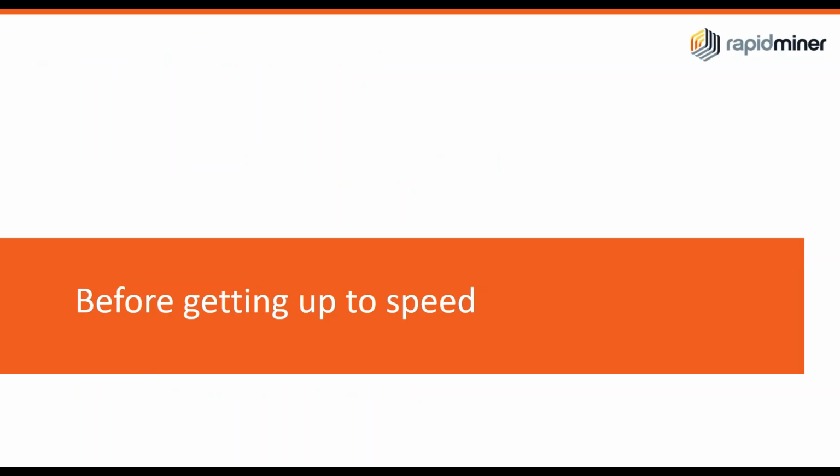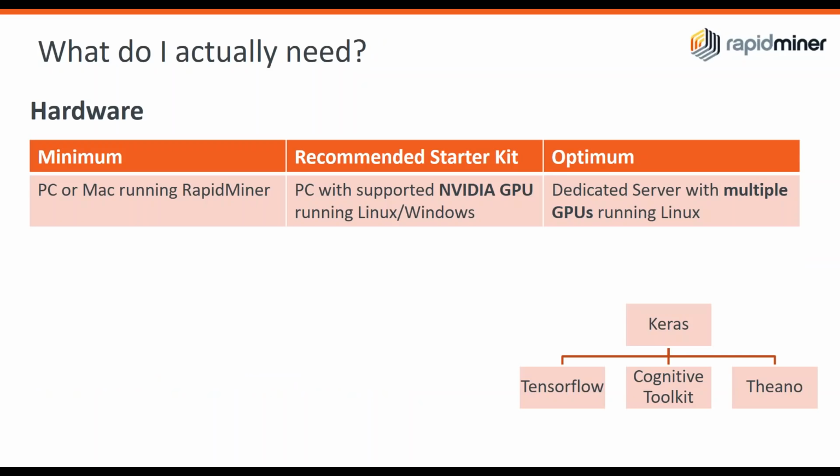So what do you need so you can get started? Hardware-wise, the minimum requirement is that you have a computer, PC or Mac, that is able to run RapidMiner. And we'd like you to have an NVIDIA GPU in your machine to really take advantage of the TensorFlow capabilities that come when using Keras inside RapidMiner.